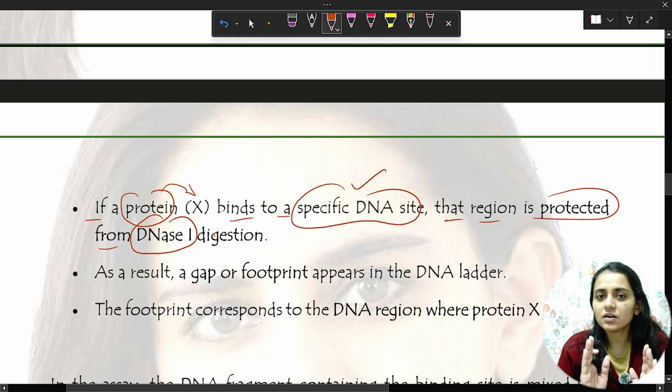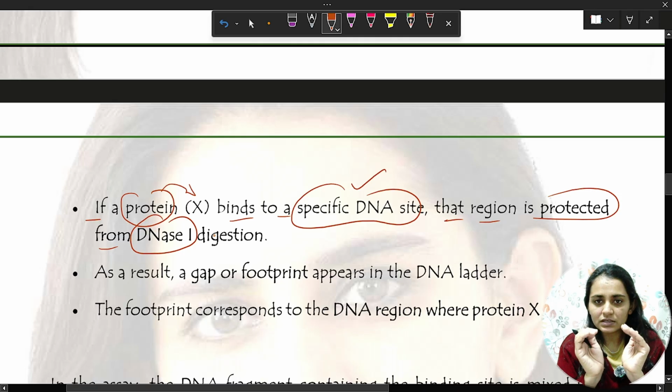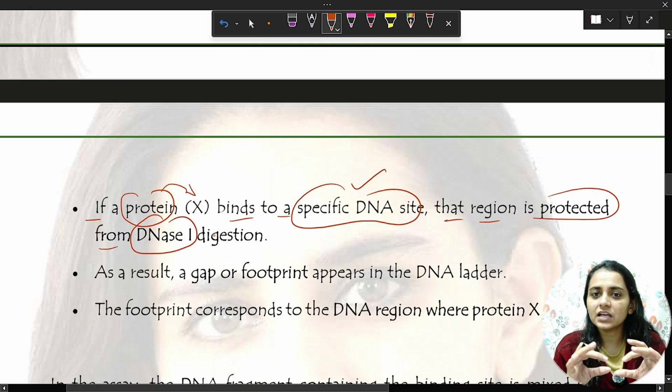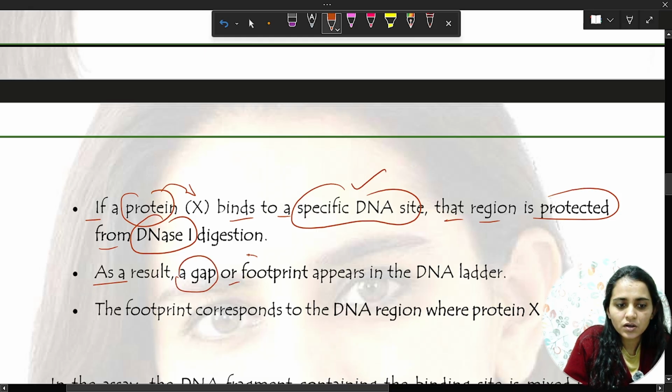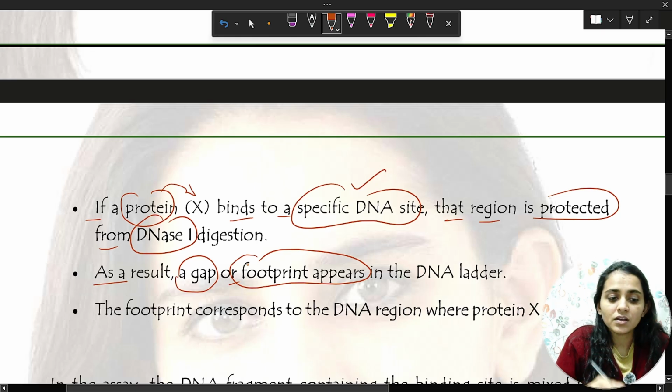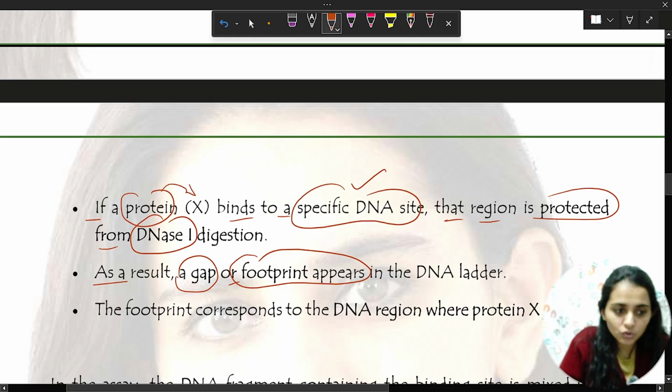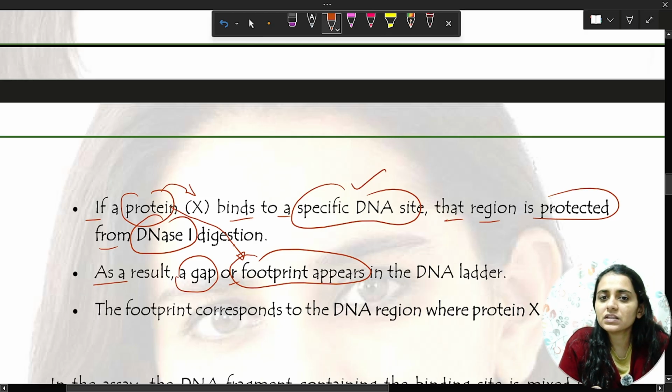So that particular part of DNA cannot get cut by the DNase I enzyme. As a result, a gap or footprint appears. That gap is due to protein presence, because DNase I cannot cut that part.